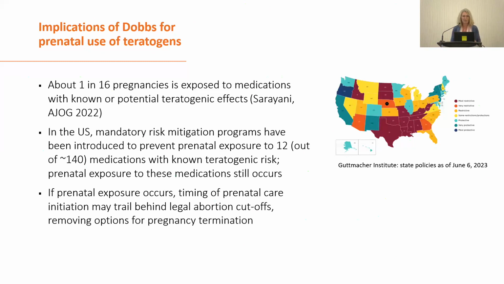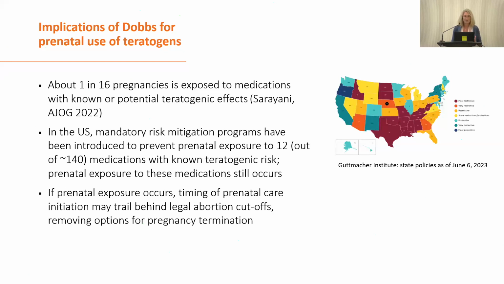So, for example, you can abort up to 6 weeks of gestational age or up to 15 weeks of gestational age. Now, with regard to exposure to teratogenic medications, that has some implications. We know that in the United States, about 1 in 16 pregnancies is exposed to teratogenic medications, with the potential of developing severe malformations that might eventually terminate a pregnancy or result in a live-born baby with significant problems.